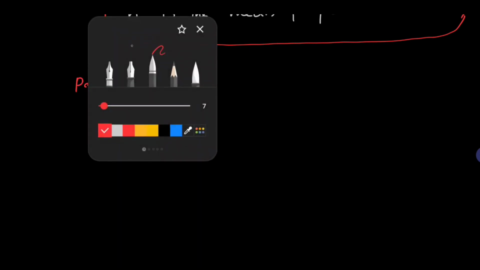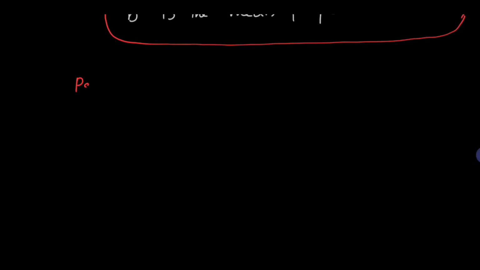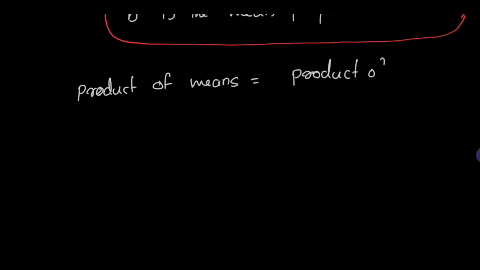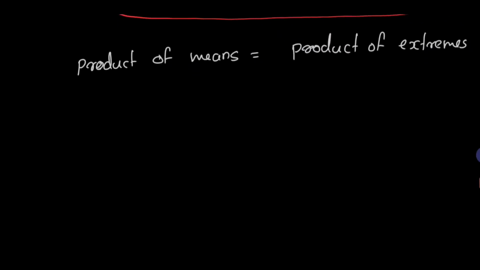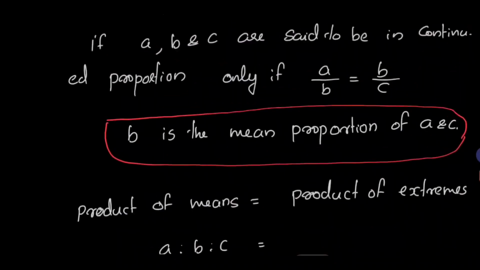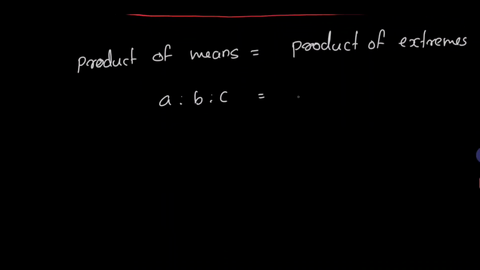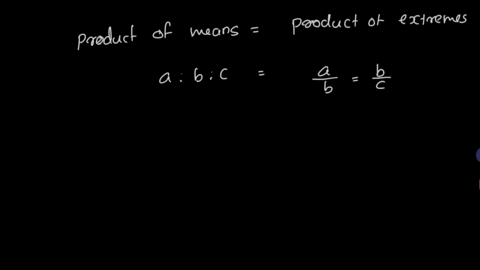We already discussed the property that the product of means is equal to the product of extremes. So A is to B is to C is nothing but A by B equals B by C. These are the three quantities being compared.